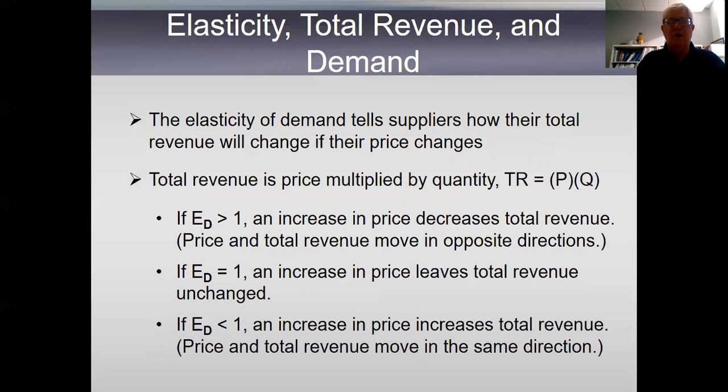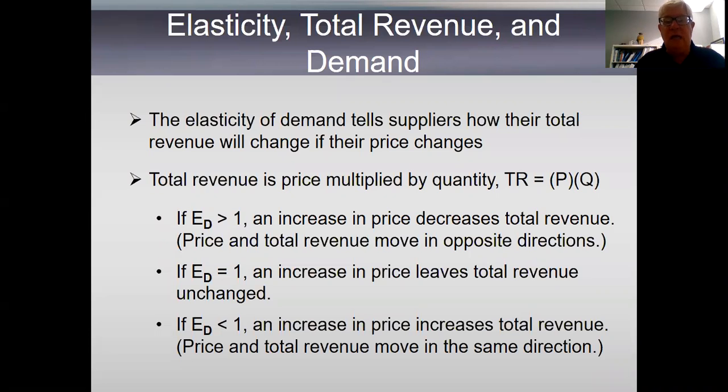Now, the next thing we're going to talk about is a related concept within elasticity, and that is how it affects revenue. Elasticity has a strong effect on revenue, and we need to understand exactly how that effect shows itself.